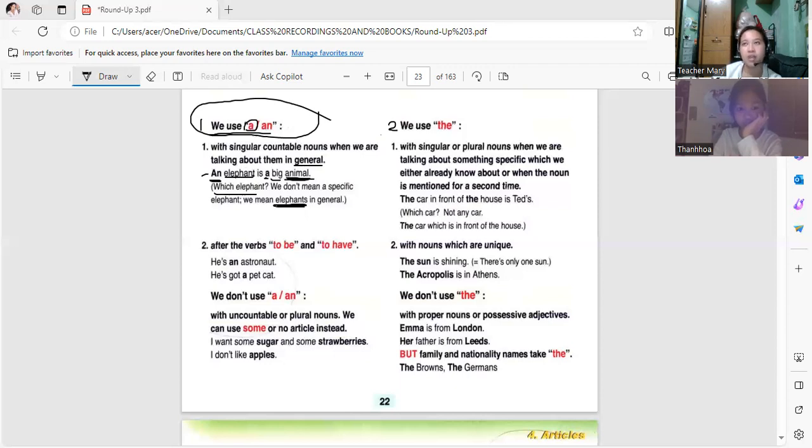Like for example, an orange is a kind of fruit. So there are many kinds of oranges. There's a green lemon and a yellow lemon, right? So the general word there is the orange.